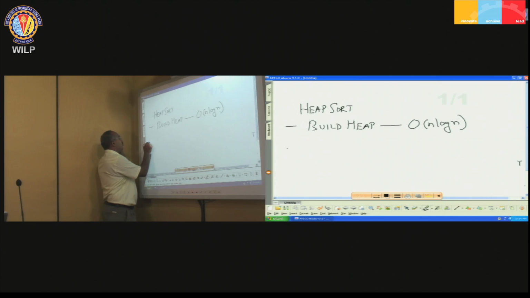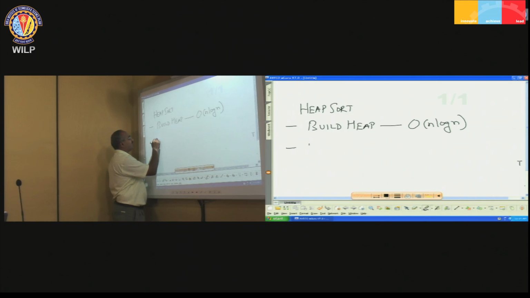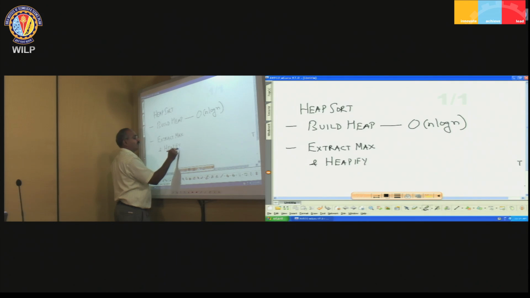After this, once you do build heap, we are going to extract the max and heapify the new array at index 1.